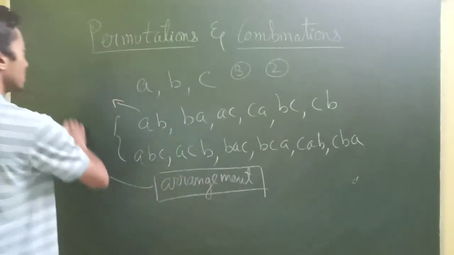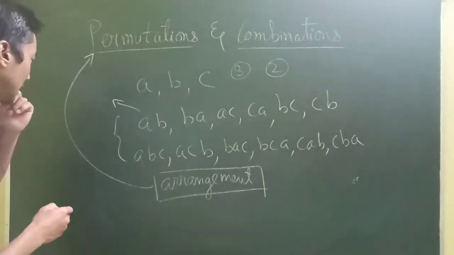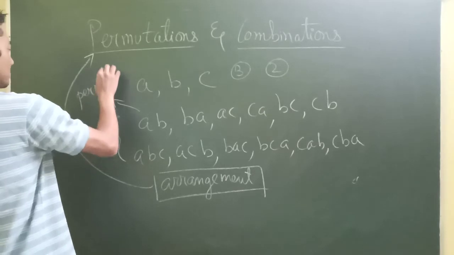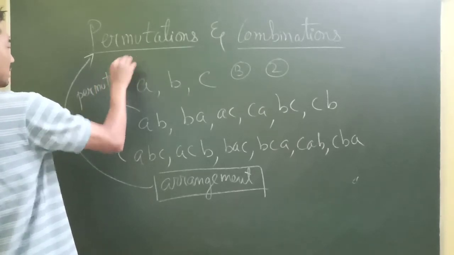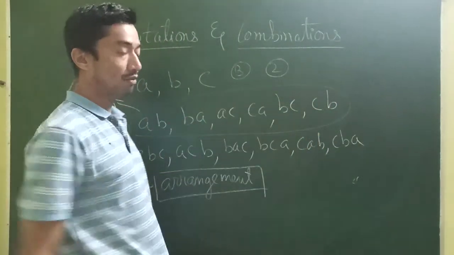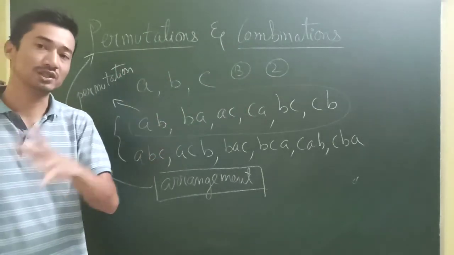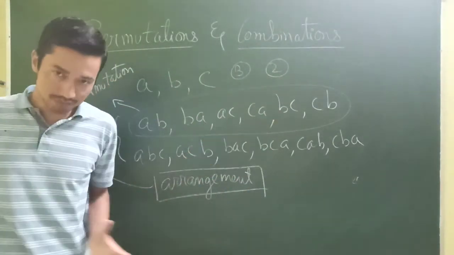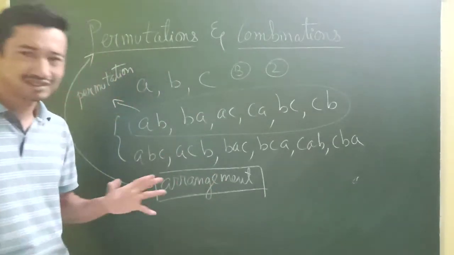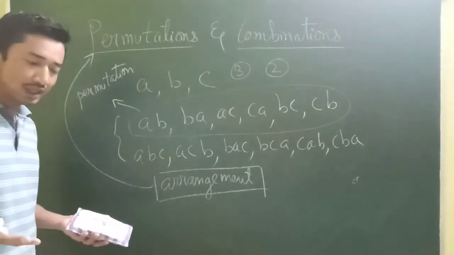The other name for permutation, the way you can remember, is arrangement. Each arrangement is called a permutation, and the number of arrangements, the group, is called permutations. Permutation is singular, each arrangement; permutations is the group. Just some grammatical points. That's what permutation is all about: arrangement.